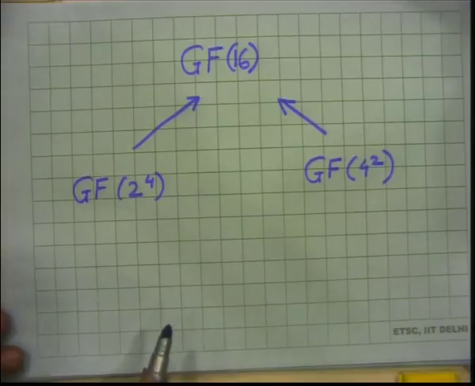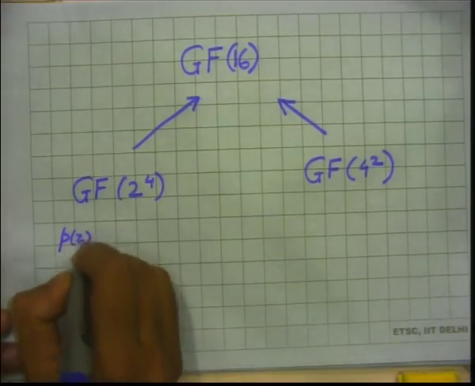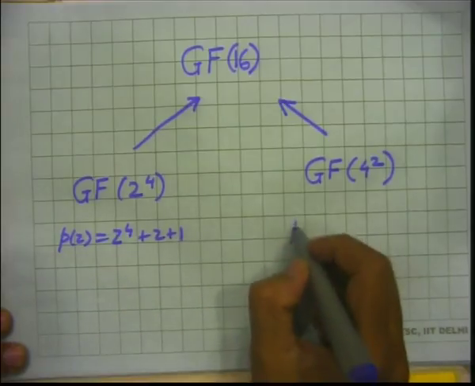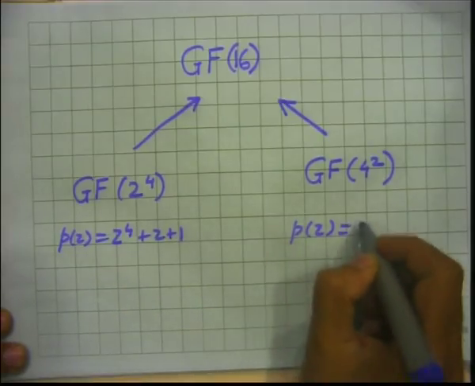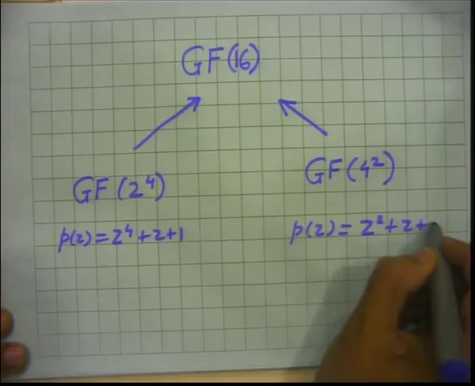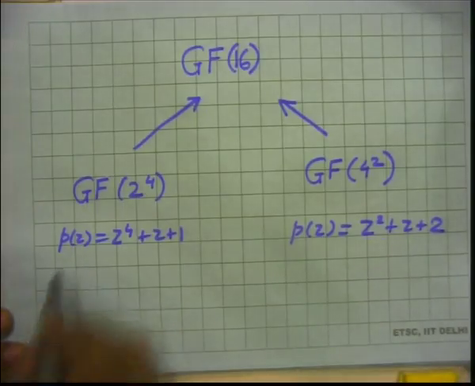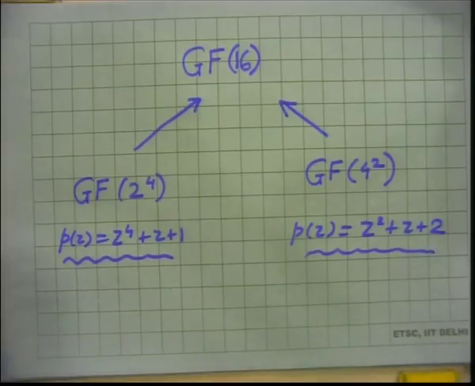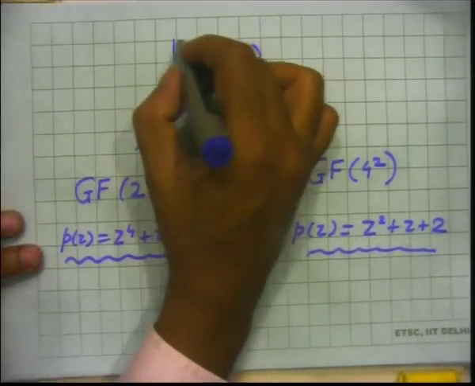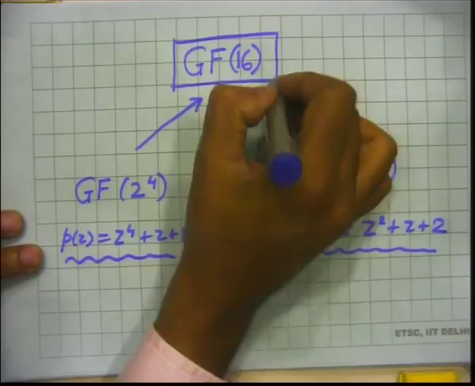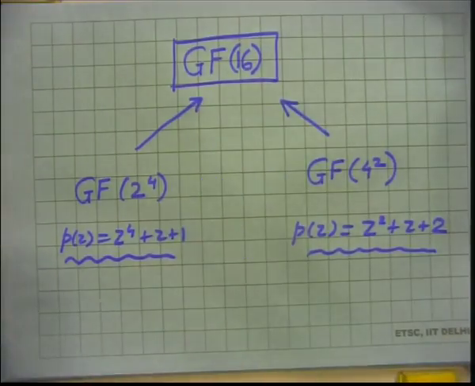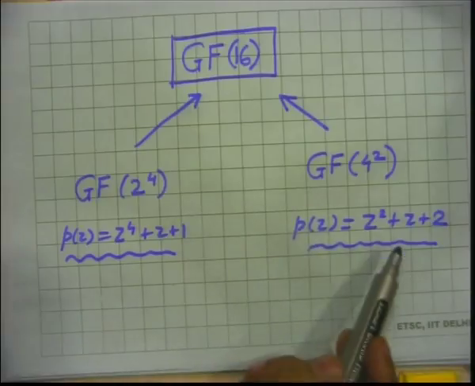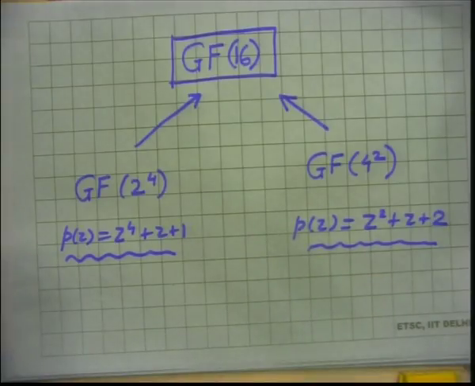Of course, you have used here p(z) equal to z to the 4 plus z plus 1, and here you have used p(z) equal to z squared plus z plus 2. So, we have used different kinds of primitive polynomials to construct GF16. But GF16 is unique, so the addition and multiplication tables formed either way will show identical properties.